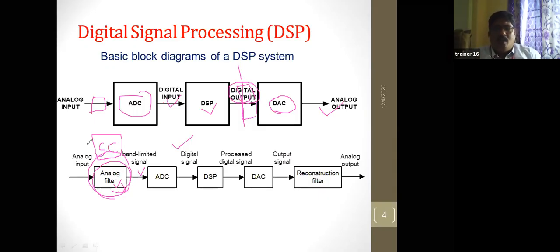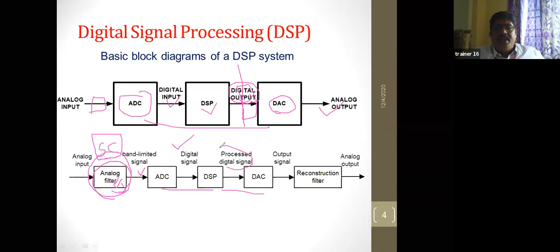Similarly here, signal conditioning means we can add filters, amplifiers, attenuators. This analog filter is one of them. It makes the signal correct. That means the filter eliminates the unwanted frequencies from an analog signal, so that is the input to the ADC. It is next sent to the DSP and then to the DAC.